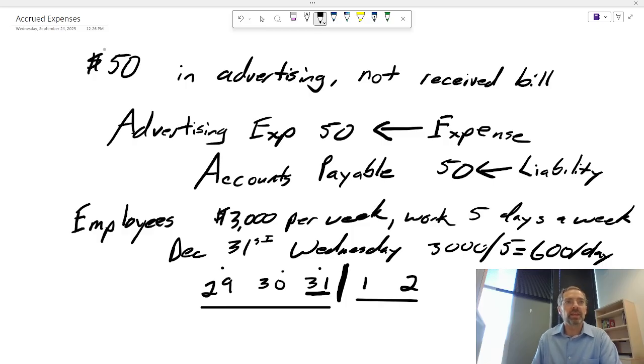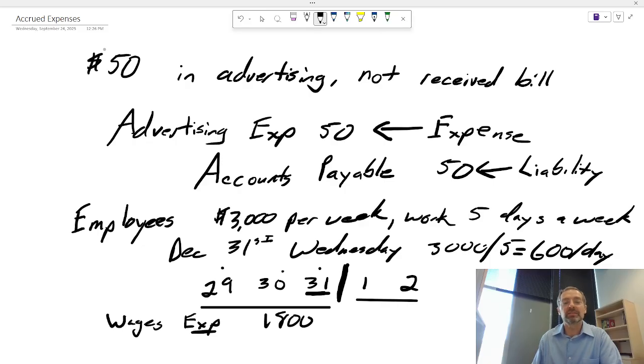And in the pattern that we did before, we have used up our employees' time. We can't get their time back for them, so that's an expense. Let's call it wages expense in this case. Sometimes you'll see it salaries expense, employee expense. Again, the actual name doesn't matter as much as it's an expense. So we have $1,800 there.